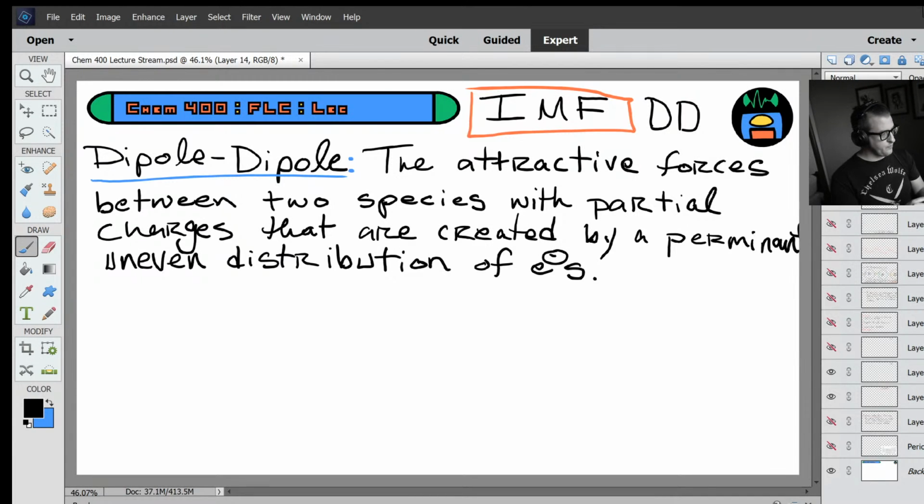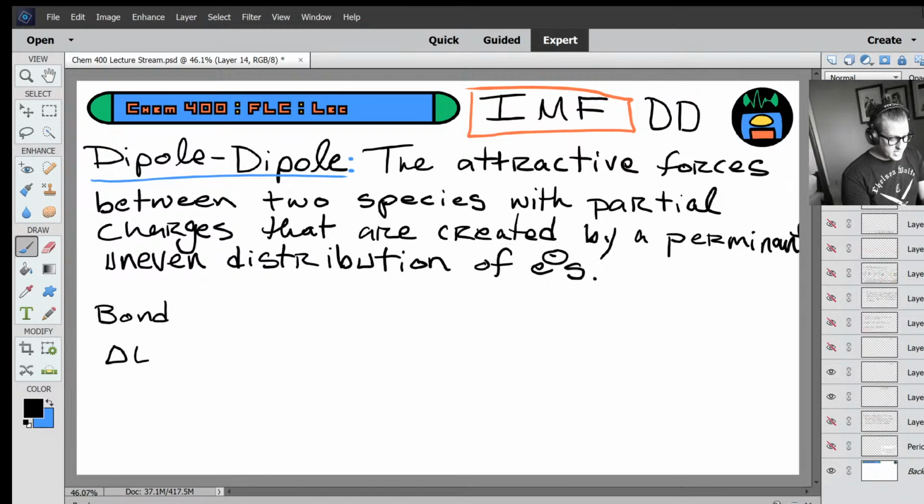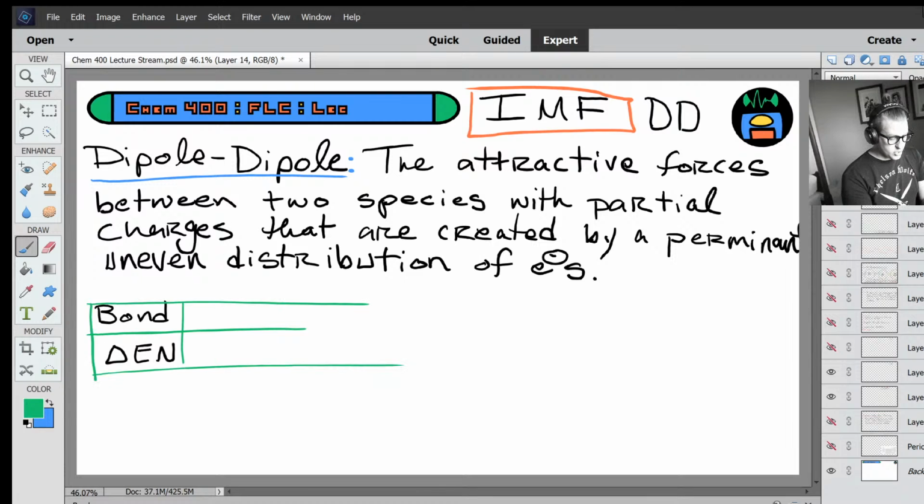And we said at the time that the type of bond was determined by the difference in electronegativity between the two atoms involved.